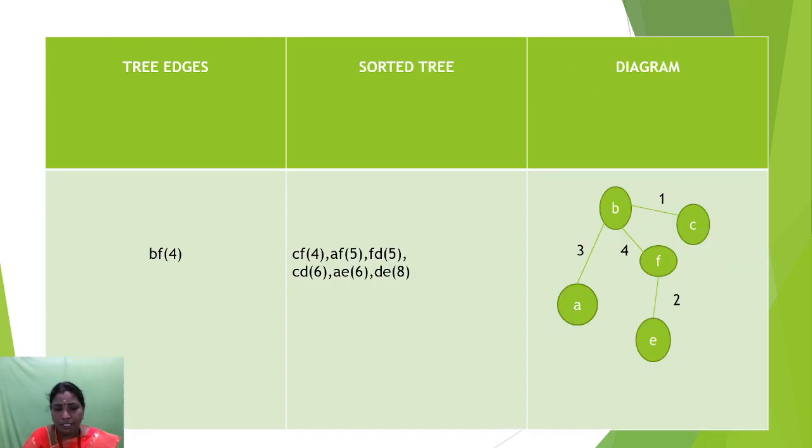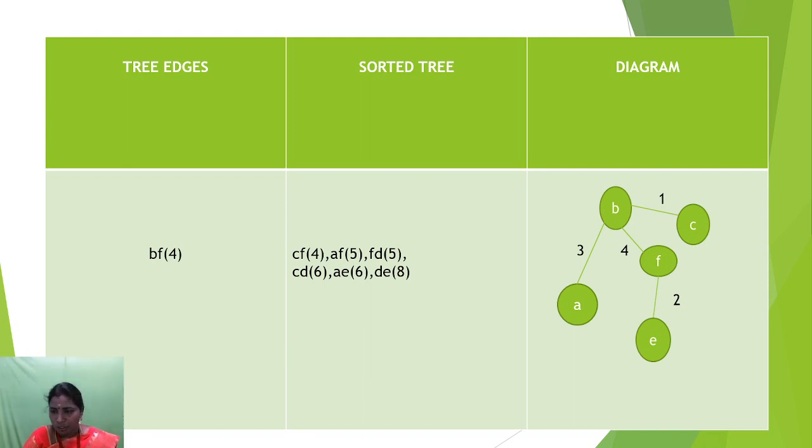Only CF4 comes to left. The rest of the elements are AF5, FD5, CD6, AE6, DE8. So you can see your diagram. Till now there are no loops available. Everything is open. Okay. In the next session, CF comes to left.